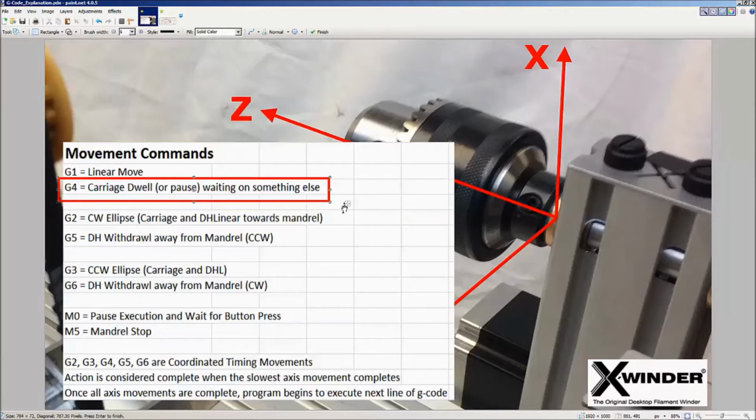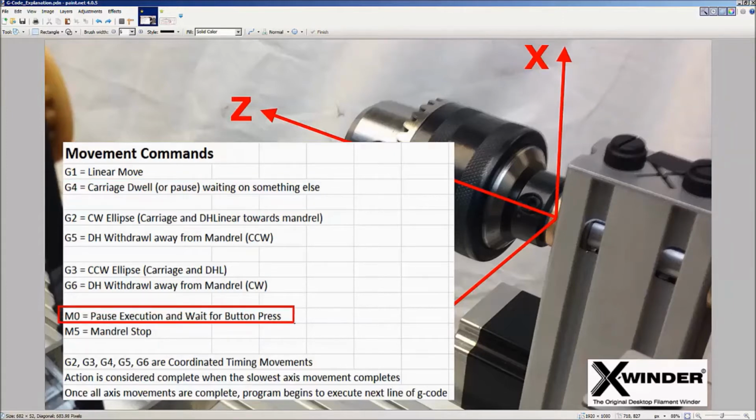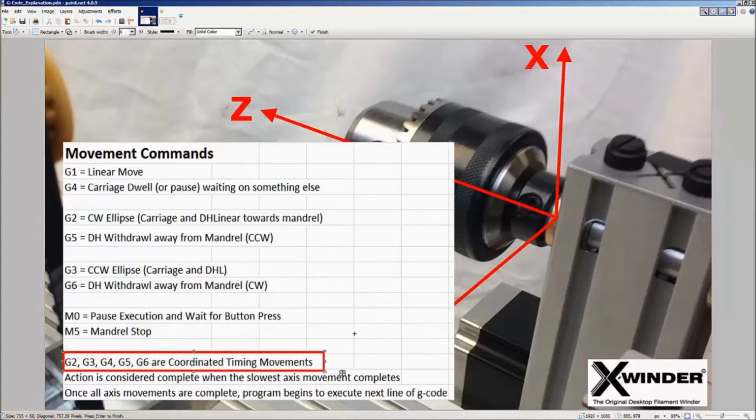or one of the axes is dwelling or pausing while it's waiting for another axis to complete some movement. M0 will just essentially pause the machine, and it is waiting for the button or a software press to continue movement, and then an M5 will basically bring the machine to a halt. So these commands, the G2, 3, 4, 5, and 6, are all coordinated timing movements.